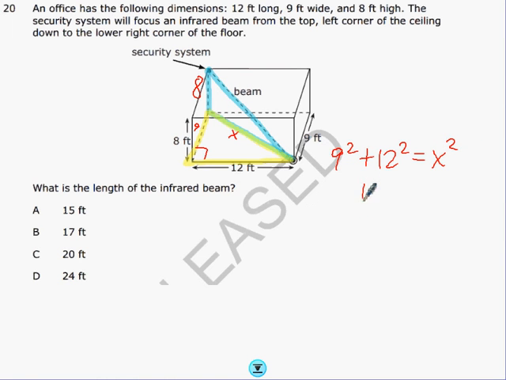And this is actually a 3, 4, 5 triangle, or 9, 12, 15. So X is 15. You could use the Pythagorean theorem to find that. And now I can plug it in for the other one. I'm going to have 8 squared plus 15 squared equals the beam squared, which I'll just call B. And you can use the Pythagorean theorem to find that B is exactly 17.